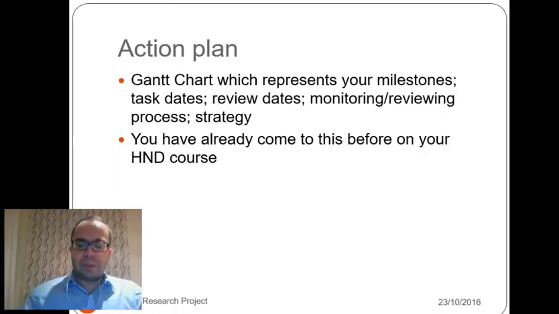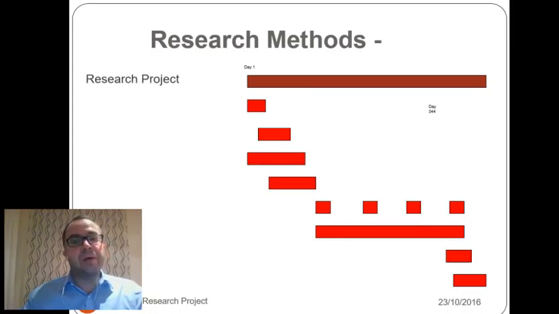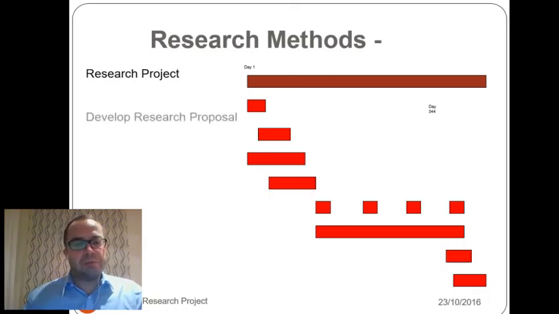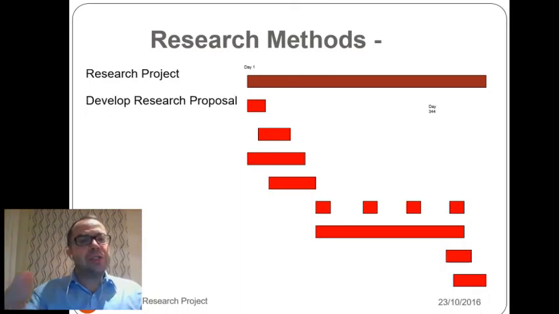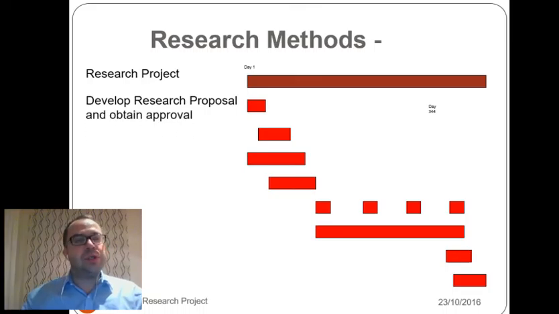Now that you have already come to terms with the Gantt chart before, it may look as follows. So your research project starts from day one up to, let's say, 9 weeks. You may wish on the left side to list the activities which you are to action within these 9 weeks.